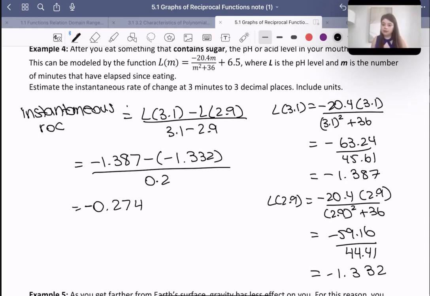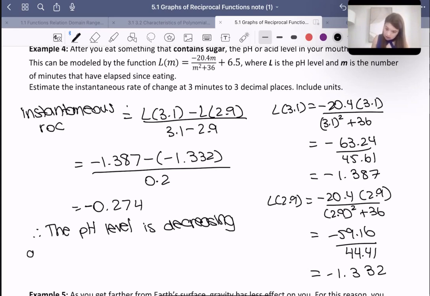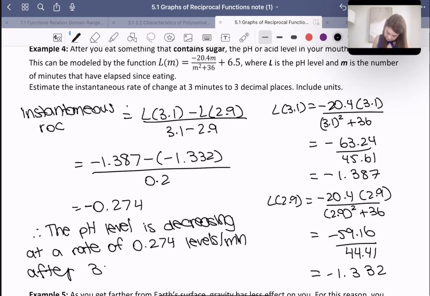So therefore, the pH level is decreasing at a rate of 0.274 levels per minute after 3 minutes. All right, awesome.